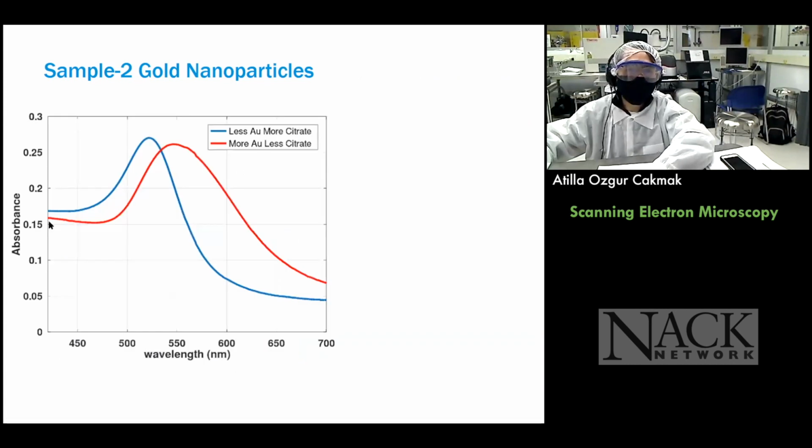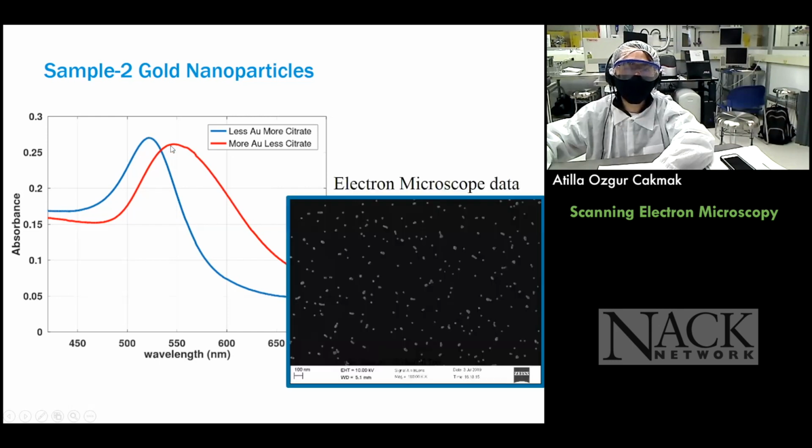What can happen? Well, that energy will be absorbed, right? And you can see the absorption curves here and the wavelength. Some particles will absorb here, some particles will absorb here. When you look at the electron microscope, the blue ones, the absorption happening here, are smaller particles. Because of their smaller size, they resonate at smaller wavelengths.